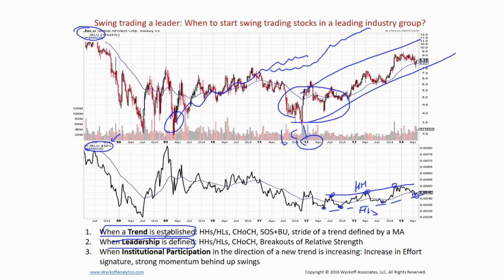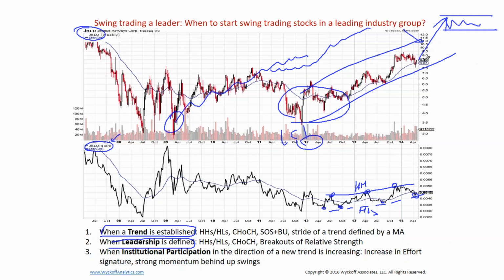And what we are doing is anticipating that the leadership trend in the industry group that JetBlue belongs to, and the trend of the stock itself, is going to resume. And as it resumes, we're going to experience some kind of momentum move to the next possible consolidation within the structure of the longer term trend.